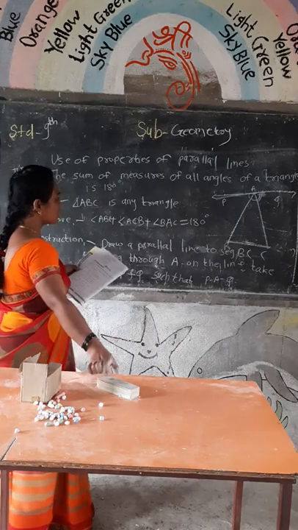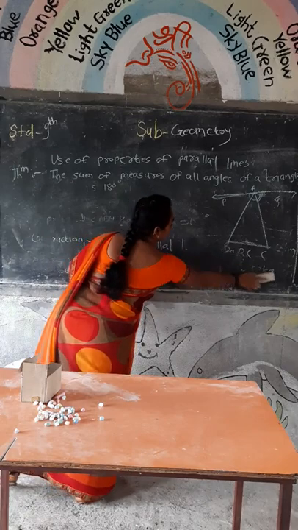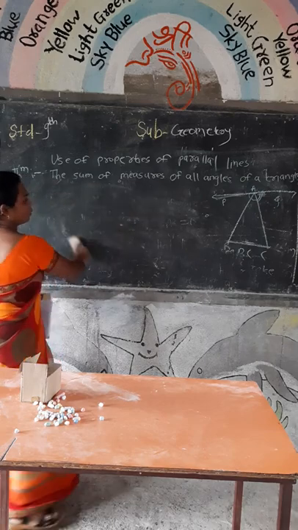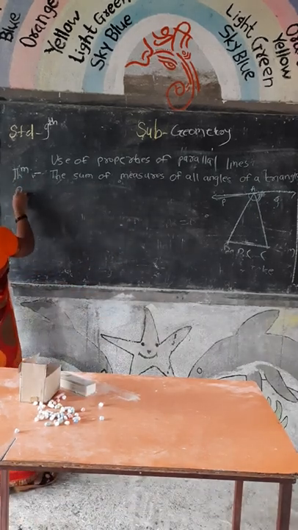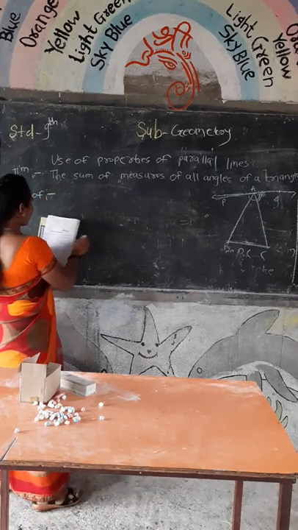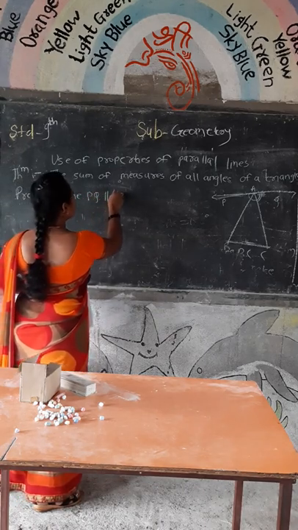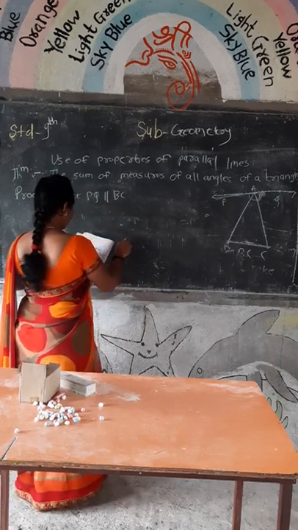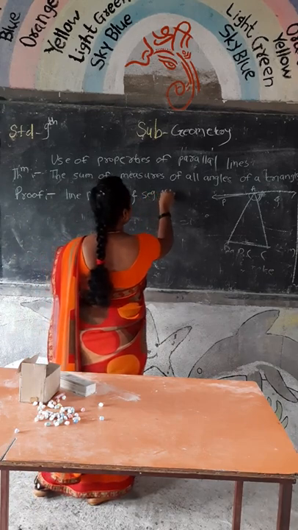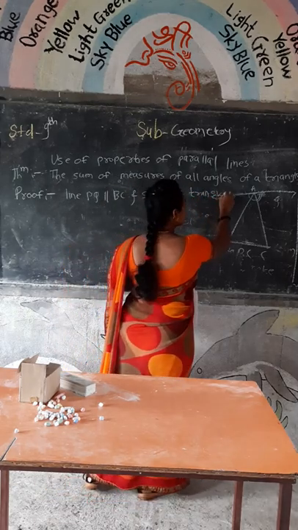The proof of the given theorem is: first step, line PQ is parallel to BC and segment AB is a transversal.